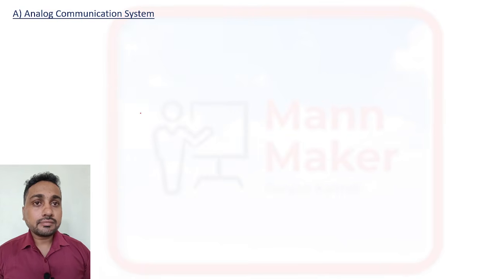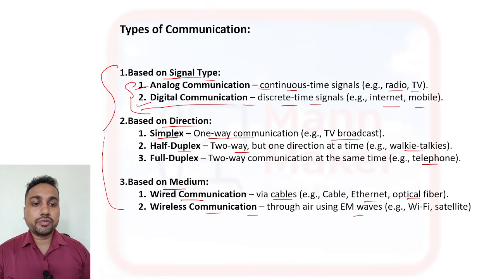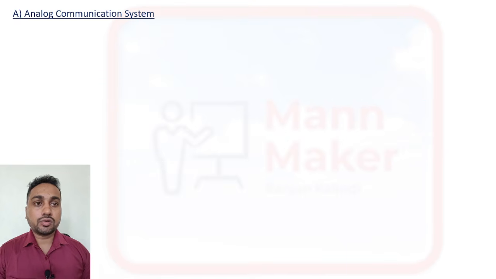Now, we have discussed the two types of communication based on signal. So based on signal only, we are going to discuss communication systems. First we are going to cover analog communication. So what is an analog communication system?